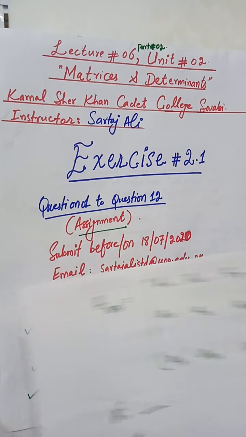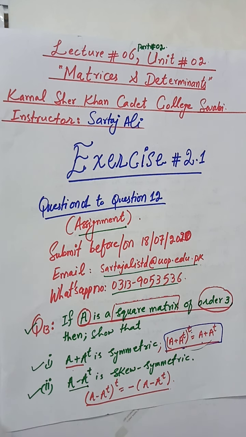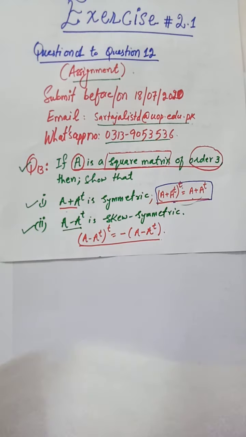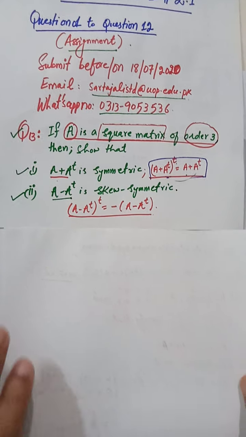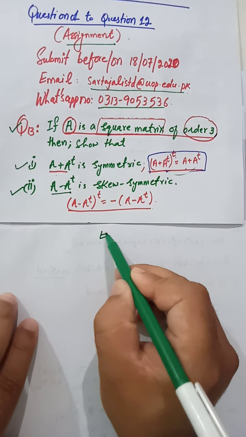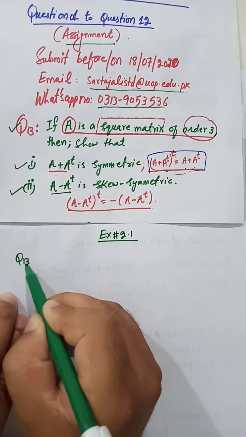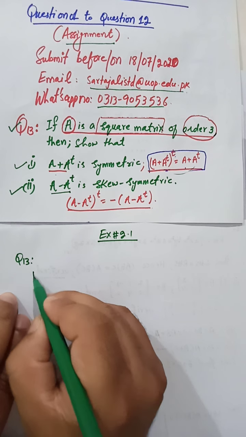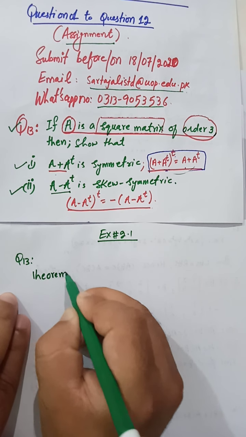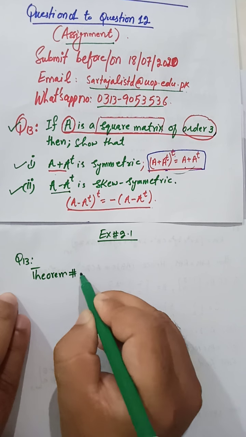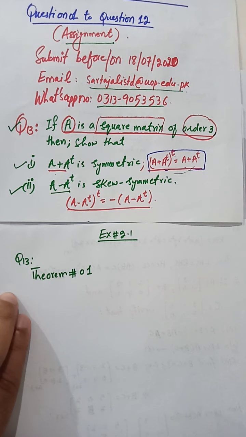But in this video lecture, we will discuss another method to solve question number 13 of exercise 2.1. Question number 13 is a general statement, so it can be written in the form of a theorem. Let us name it theorem number 1.